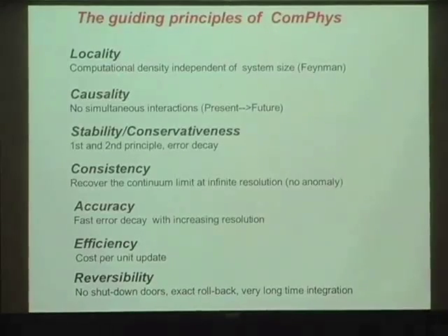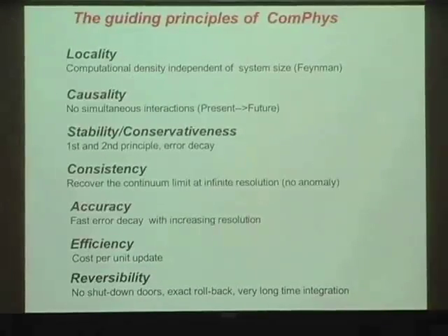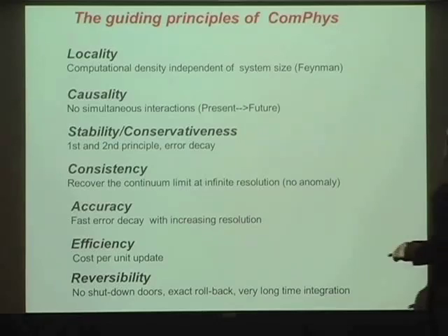So in the first place, all over my lecture, I will make the assumption of locality and causality, which means that the computational density, basically the number of operations, typically floating point operations, you need to update your degrees of freedom per time step.